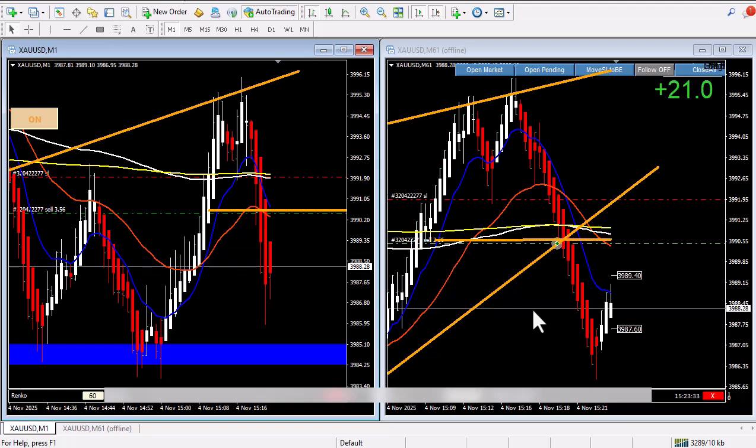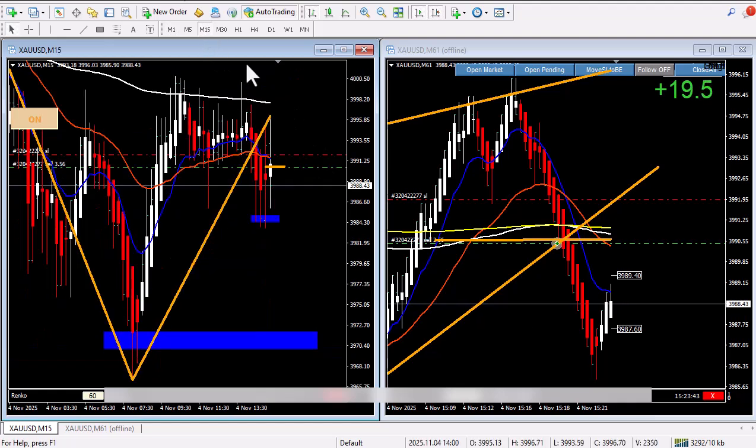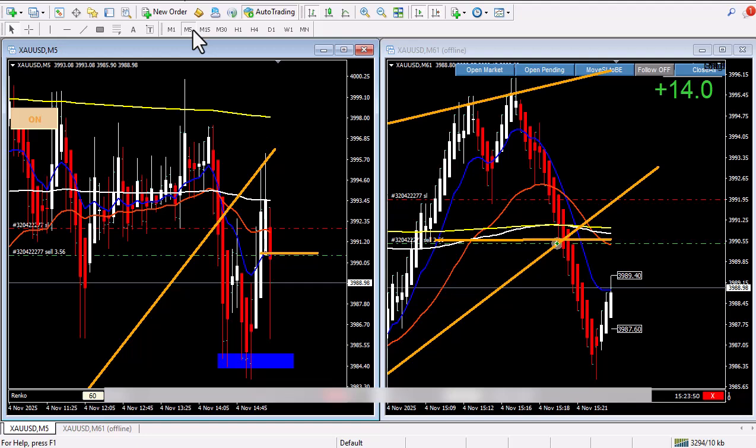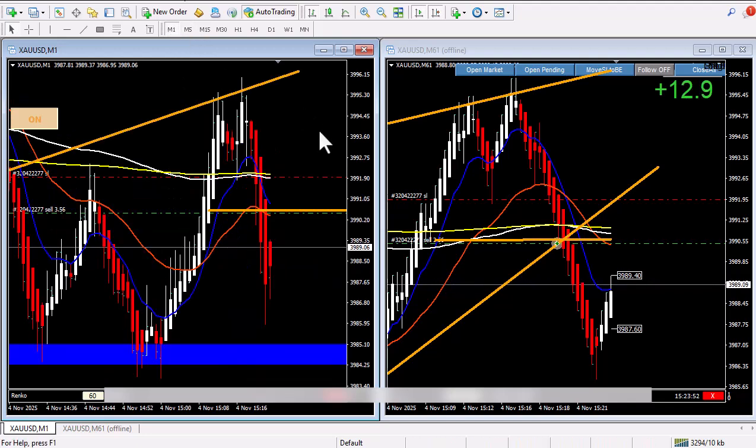Price starts retracement. Price is not moving just because the 15-minute time frame candle is still red.